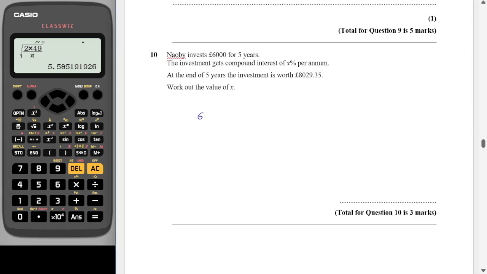So I'm going to say that 6,000 times y to the power of 5 is going to be equal to £8,029.35. So y to the power of 5 is going to be equal to 8,029.35 divided by 6,000.